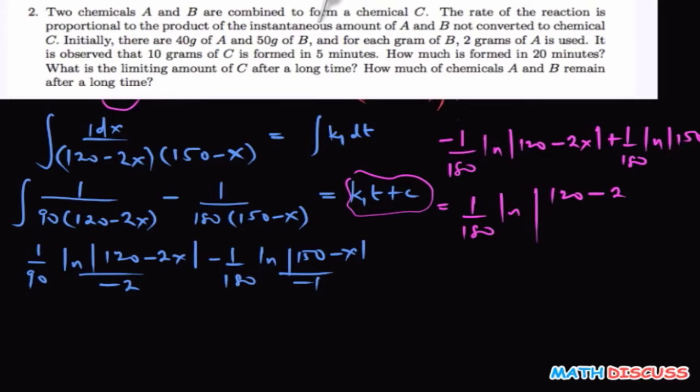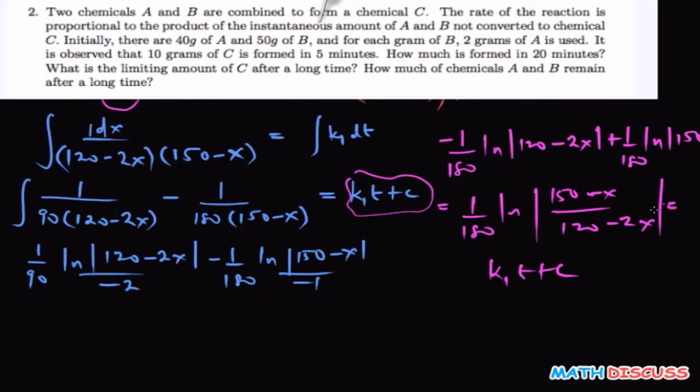Okay, since we're dividing anyway, it's going to be 150 minus x divided by 120 minus 2x. So this should be equal to k1 t plus c. So that's what you're going to get.